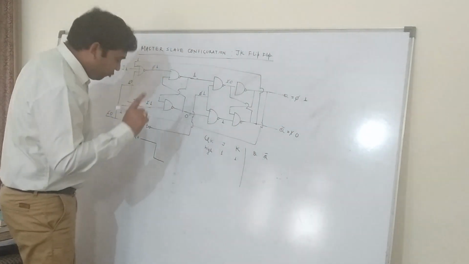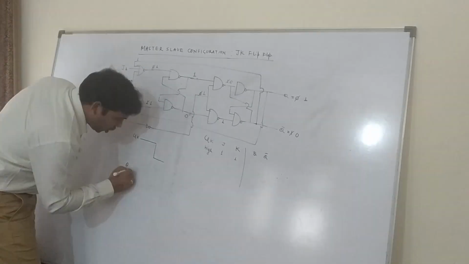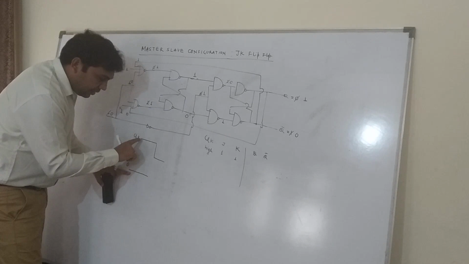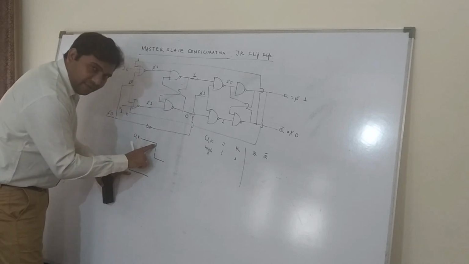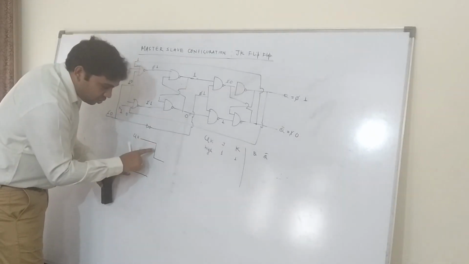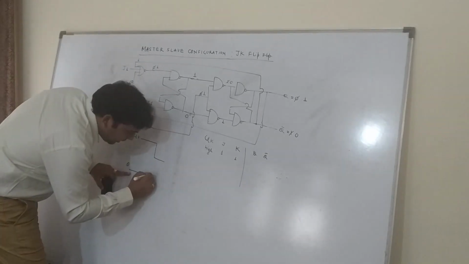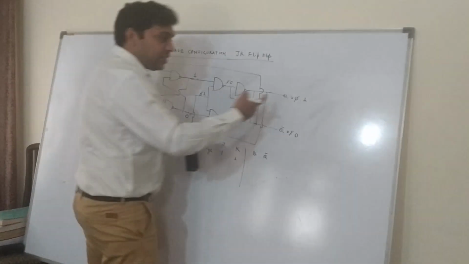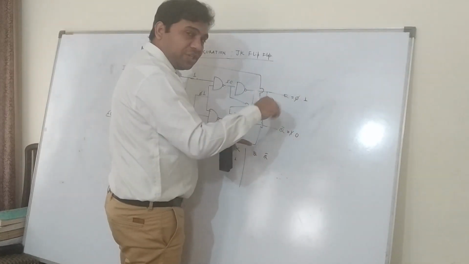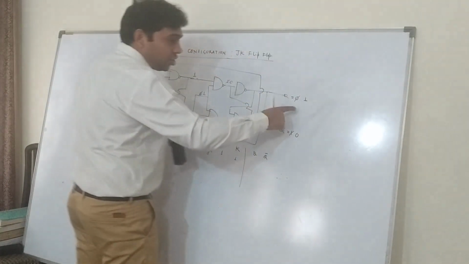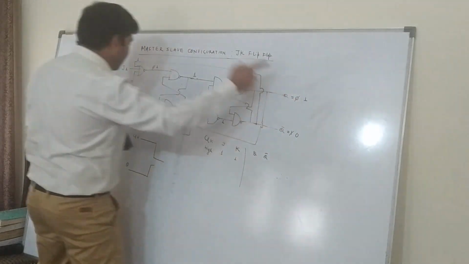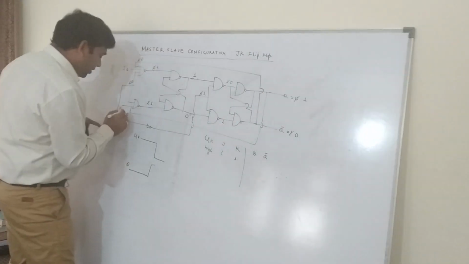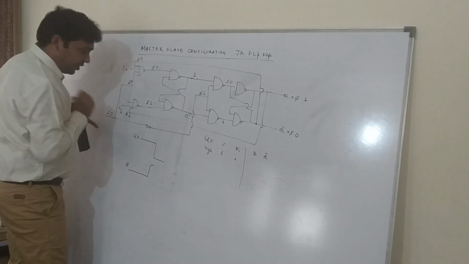Meaning, initially what you have assumed, Q equal to 0, it remains 0 till the time the clock goes positive, high. As soon as the clock goes negative, immediately the output changes from 0 to 1. Now we have to see whether the output is changing again or it will remain the same. Now since this 1 and 0 is here, this will appear here, this will become 0, and since this is 1, 1, this will become 1.